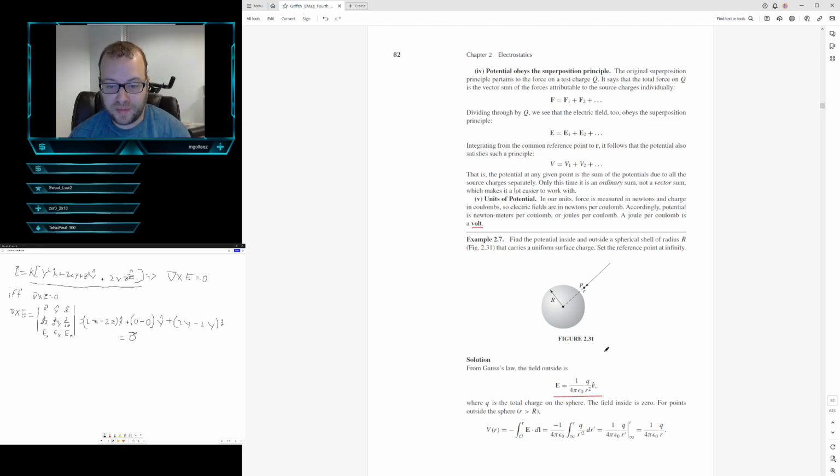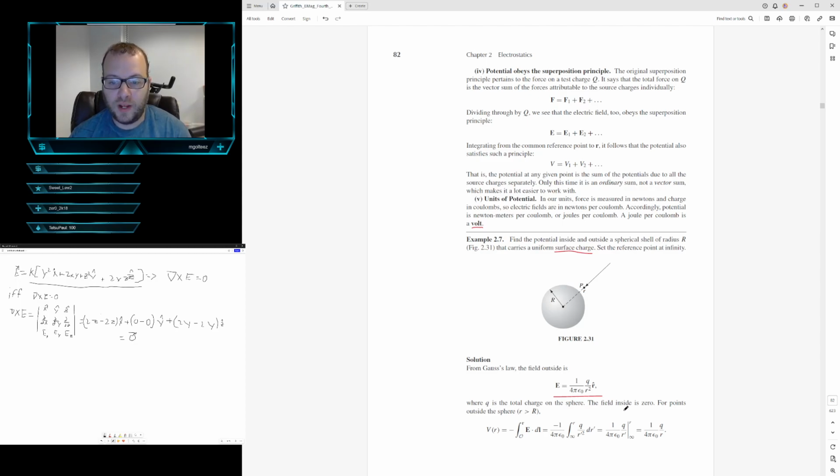The field inside is going to be, using Gauss's law, for a uniform spherical shell with surface charge, a big important thing: if we take a point within the sphere, it encloses no charge. So therefore, Gauss's law says that it is 0. Therefore, there is no field.